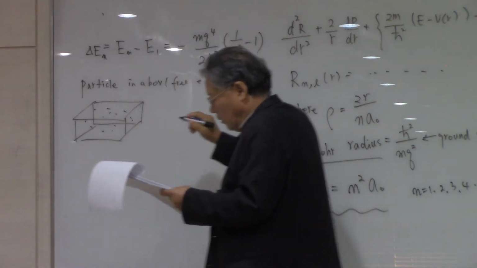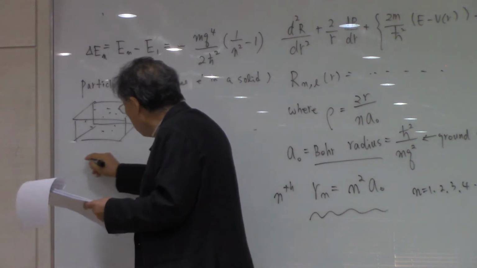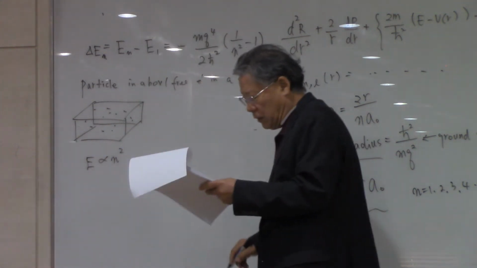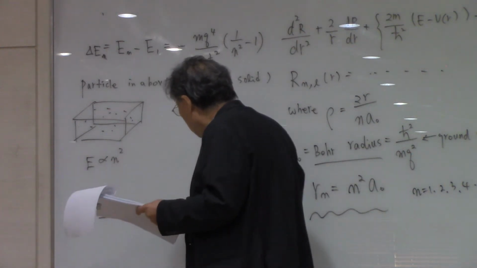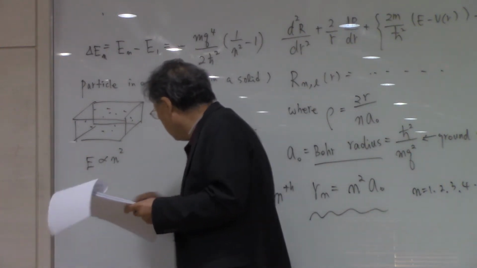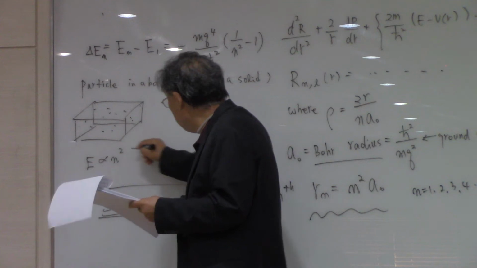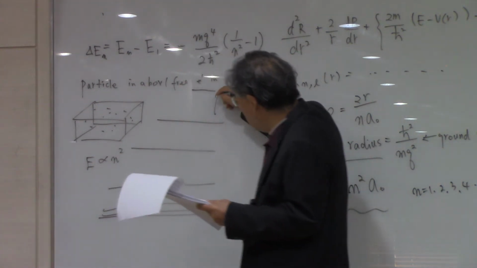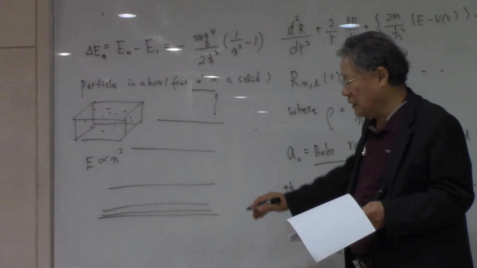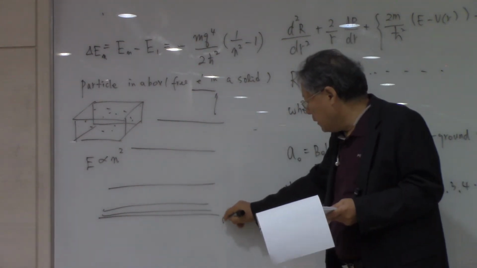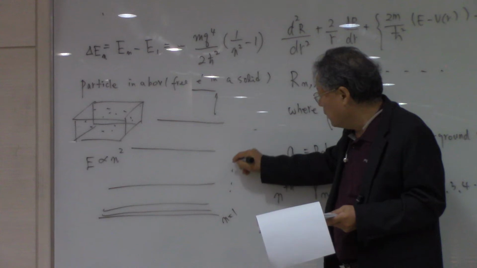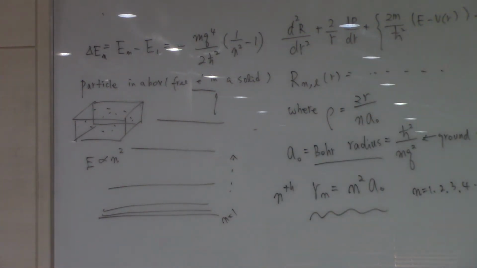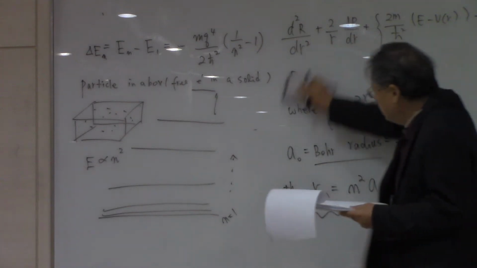In that case, what we have seen is that the energy is proportional to n squared, so that from the ground state, as it goes higher and higher, the energy gap becomes larger and larger as the state goes to excited states, something like this, right?